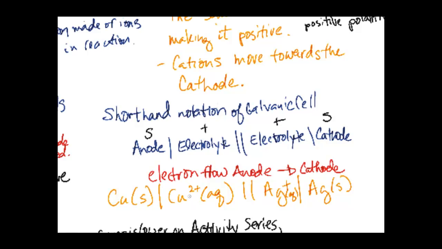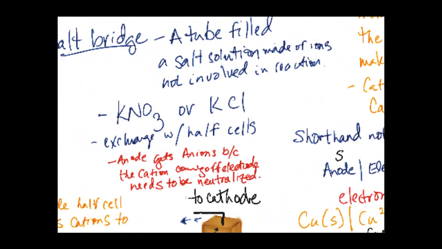The electrolytic solution actually is composed of, in this case, copper nitrate and silver nitrate. But we only care about the cations here. We're doing a single replacement reaction when we do these here. So basically, let's get detailed.